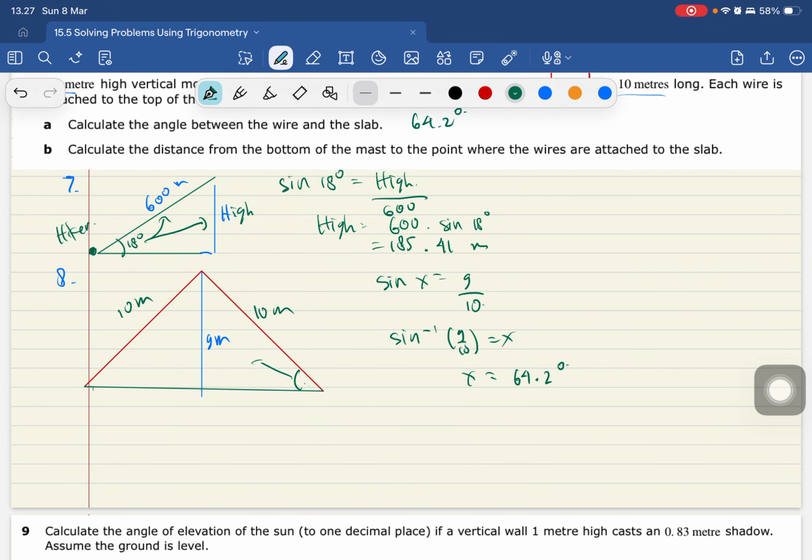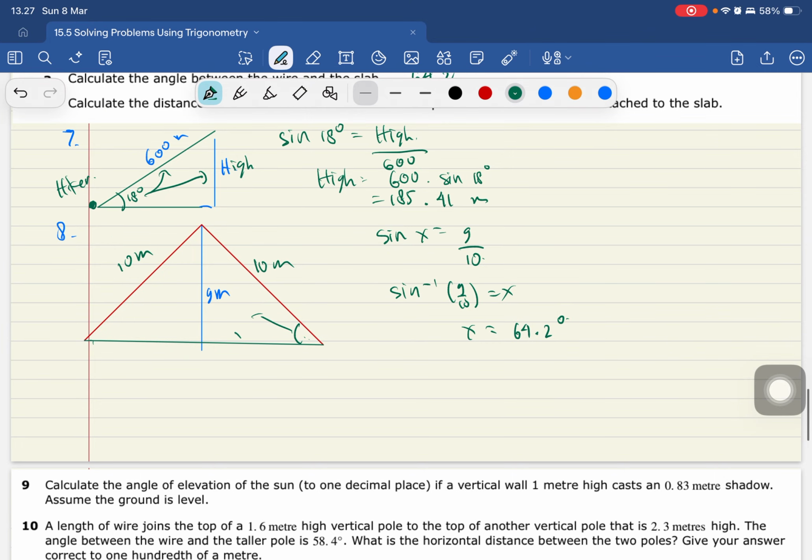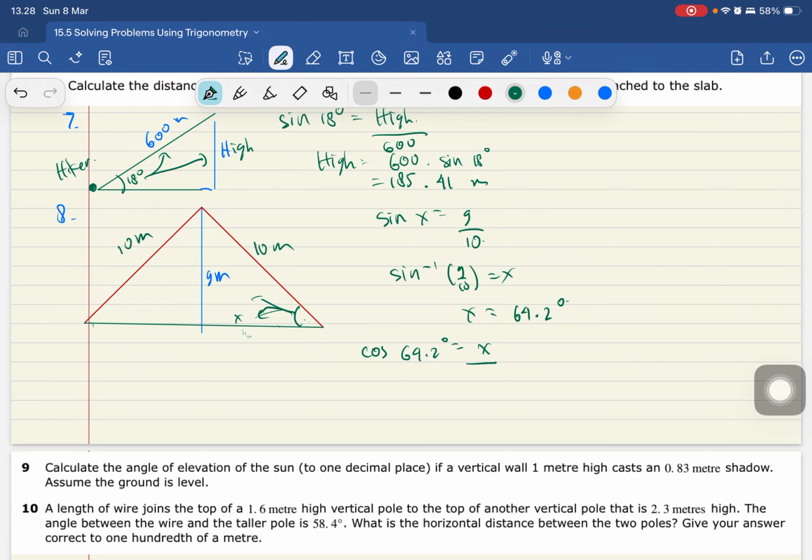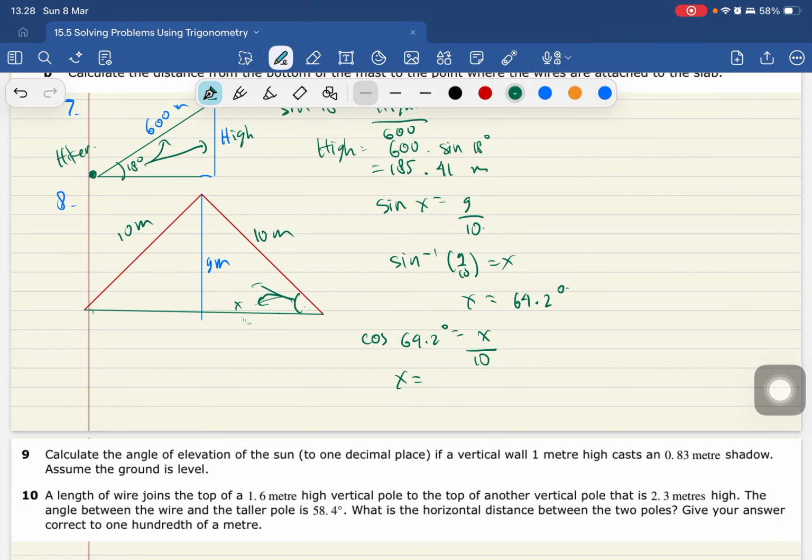So calculate the distance from the bottom of the mast to the point where the wires are attached. Okay, we need to find here. So we can use cos 64.2 degrees equals adjacent, here the adjacent is x, divided by 10. So x is going to be cos 64.2 multiplied by 10.